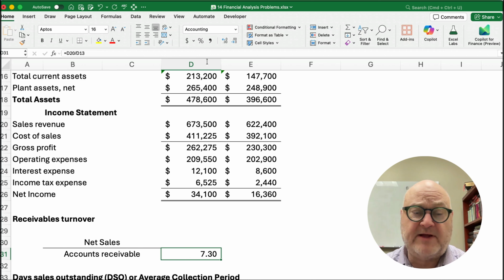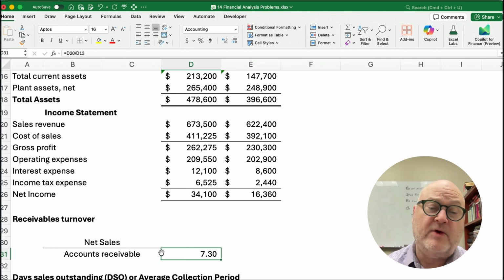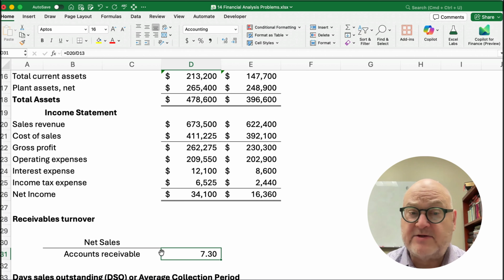Let's do 2 decimal places. 7.3 over 1. For every $1 of accounts receivable, we have $7.3 of net sales. Or what we really care about is how often do we make sales and then collect on account and then make more sales? We're doing this about 7.3 times a year.